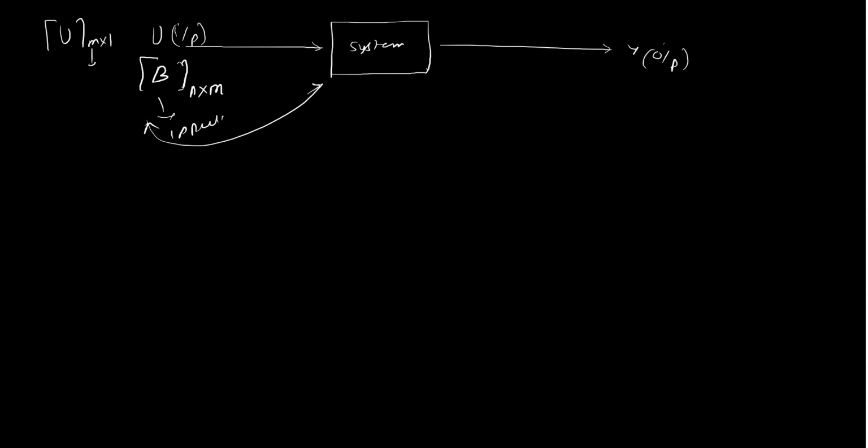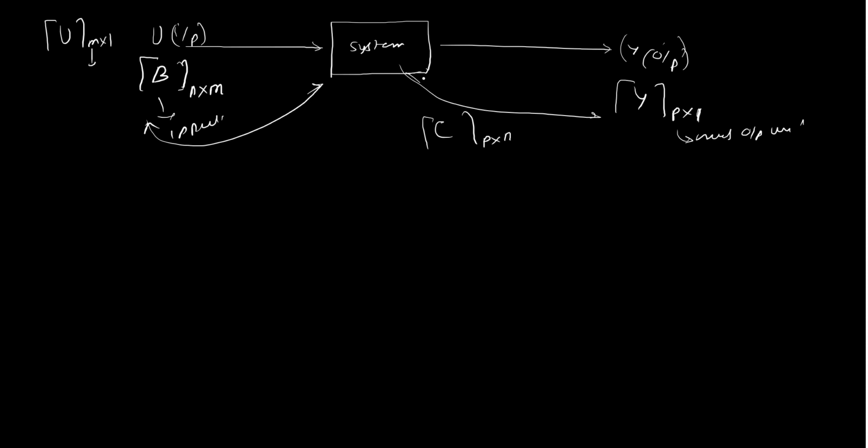In the output side you will get y, which is p cross 1, where p is the number of output variables, and the relation of the system to the output is C, which is of order p cross n.